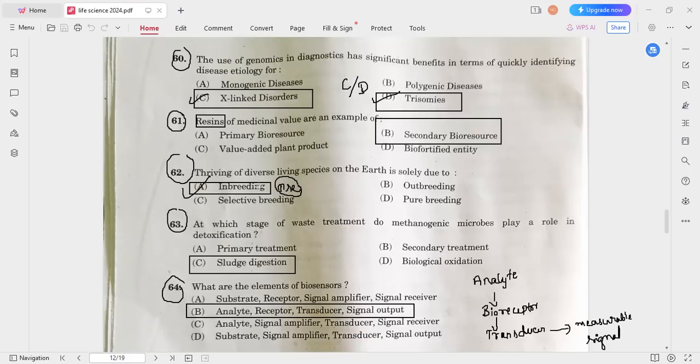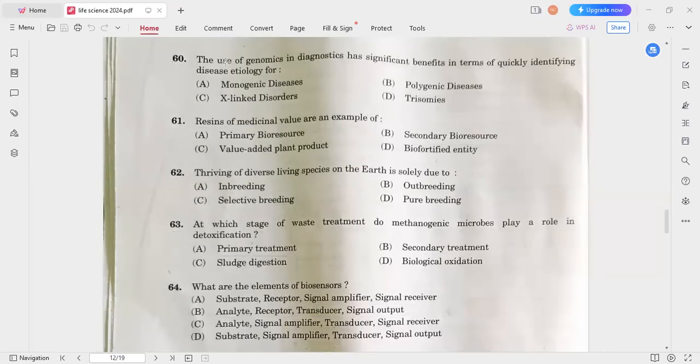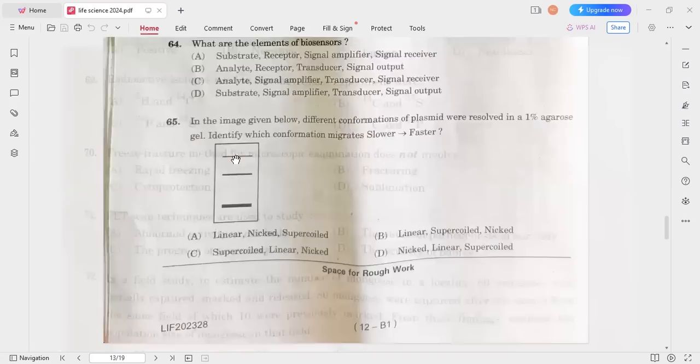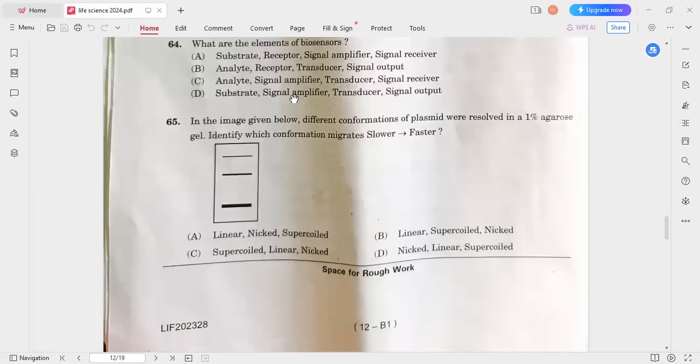Okay. So next question, that is question number 65. In the image given below, you can see the image here. Different conformations of plasmid were resolved in 1% agarose gel.